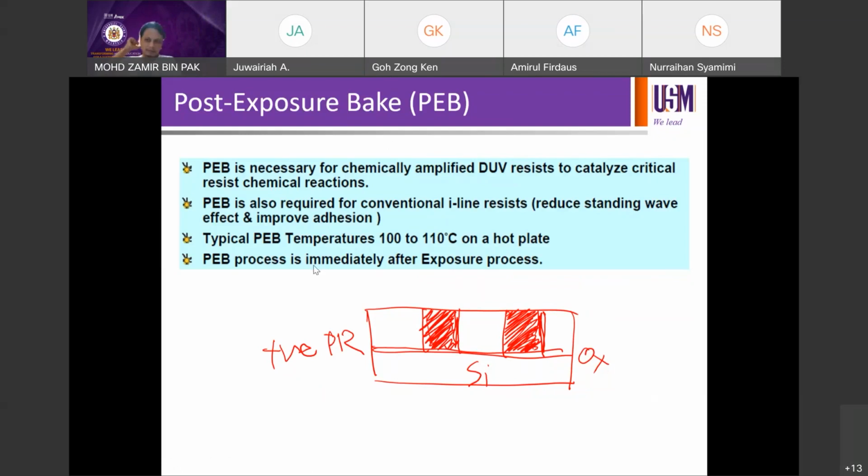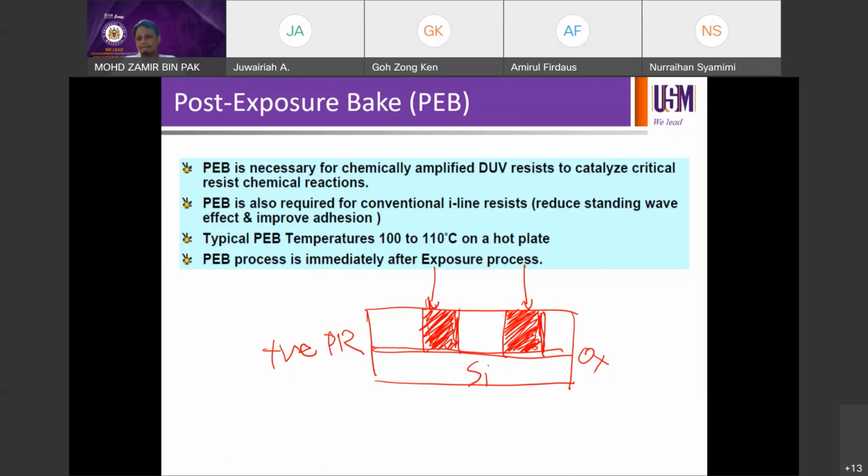At this point, we have exposed the resist, but we haven't developed the resist. So basically in the resist, we already have areas that have had a reaction. If you revisit the mechanism from last time, let's recall. For a positive resist, these areas are exposed. So what do we expect to happen in these areas once it goes through the development stage?